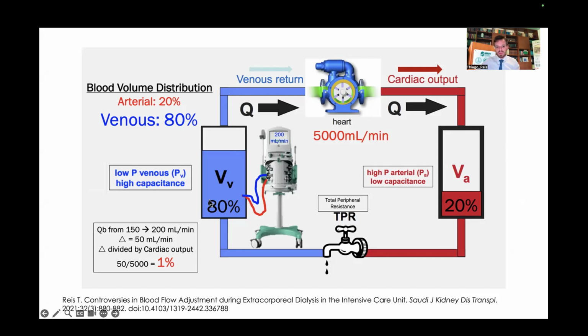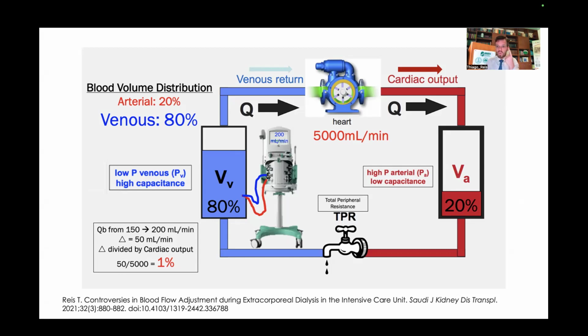When we are carrying out dialysis, we are removing fluid and blood from the venous compartment, and we are giving back at the same time the same amount of blood. And for example, if we increase blood flow from 150 to 200 or 200 to 250, this is a difference of 50 mLs per minute, and the cardiac output is 5,000 mLs per minute.